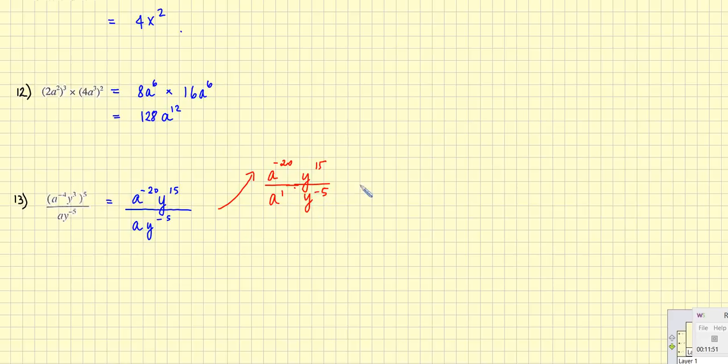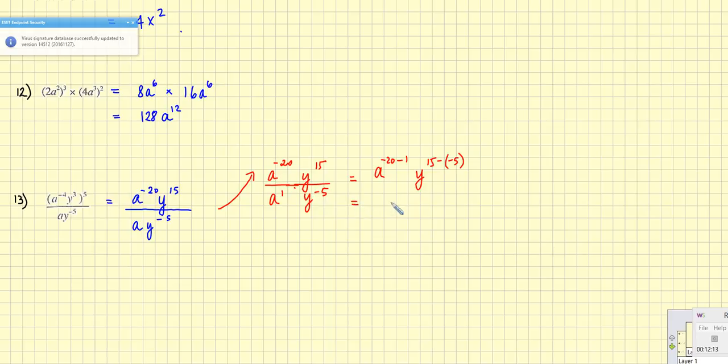Well, this could be rewritten as a to the negative 20 minus 1, and then y to the 15th minus negative 5, because we have division in between these. So it's minus 20 minus 1, and then 15 plus 5. So this would go to a final answer of a to the negative 21, y to the 20th.